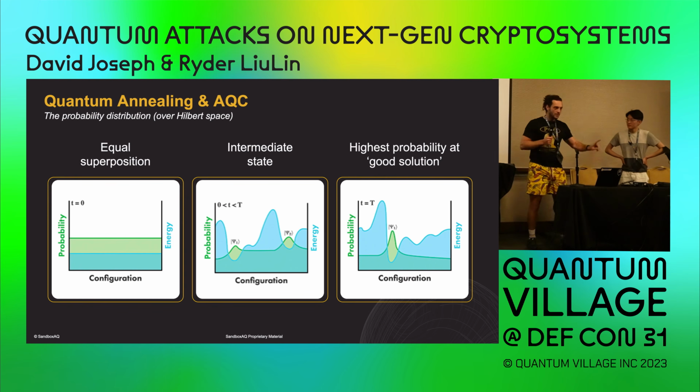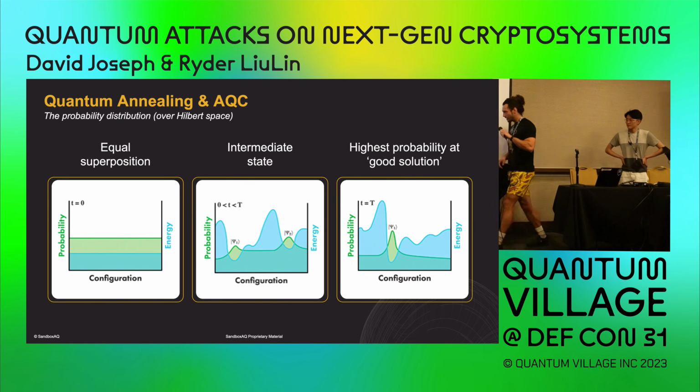So, the pictures I promised you. This represents the probability and the energies of the equal superposition, so this is basically the system described by your H0. If you take the state you've initialized it in and sample from it, it's basically uniform random sampling.